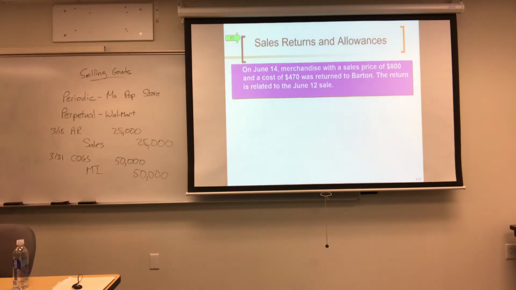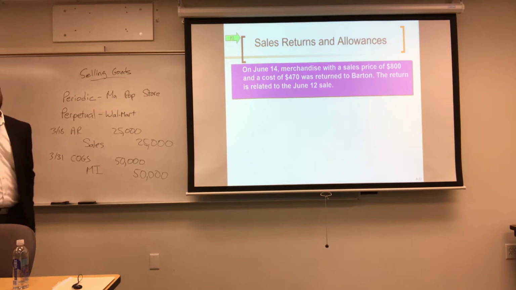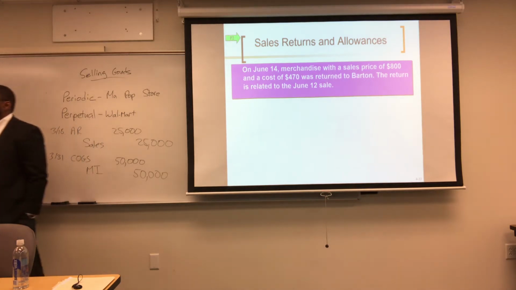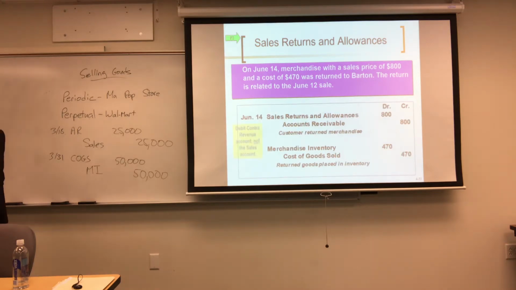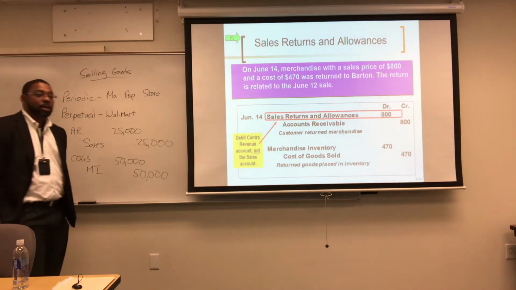June 14th, merchandise with a sales price of $800 and cost of $470 was returned to Barton. The return is related to the June 12th sale. So when they return the product, we're going to debit sales returns and allowances and credit accounts receivable for the $800.